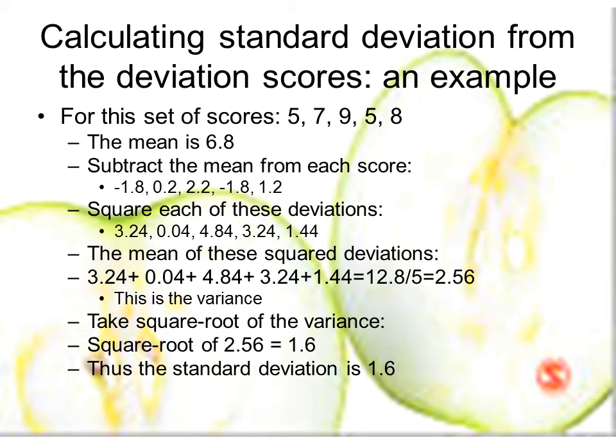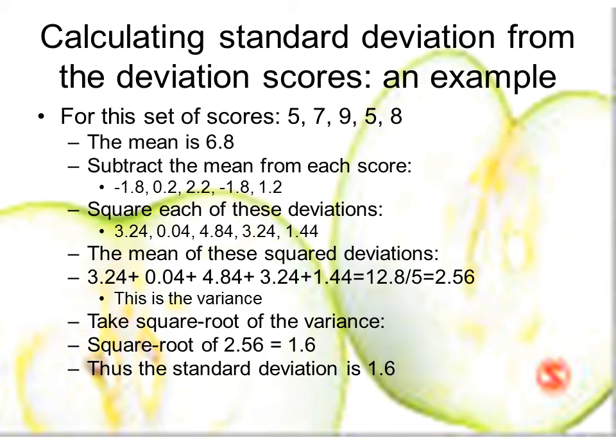So we total the 3.24, 0.04, 4.84, 3.24, 1.44, which equals 12.8. Once again, we divide that by the total number of scores, which is 5, and we end up with 2.56. This would be the total variance of the deviations from the mean.